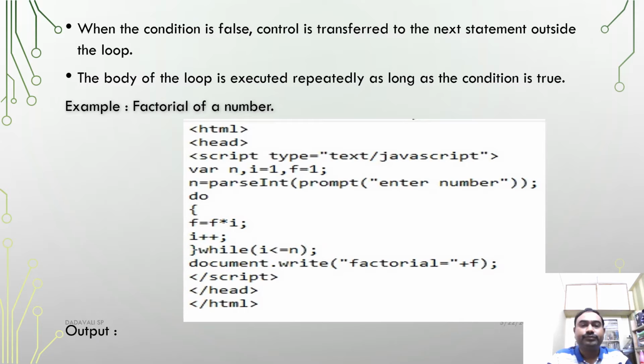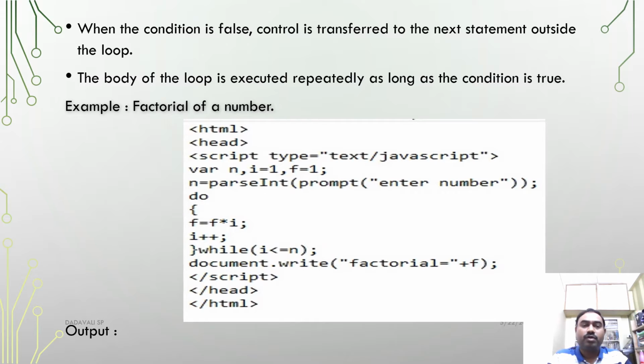Depending upon the programming, you can take the variables. So n equals parseInt of prompt, enter a number. Prompt is used to ask for values at the time of running the program. That value is converted into an integer and then assigned to n.